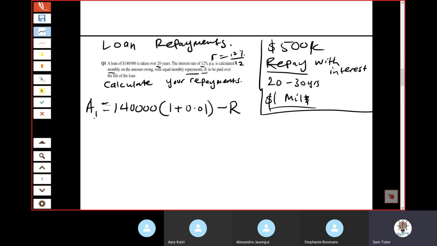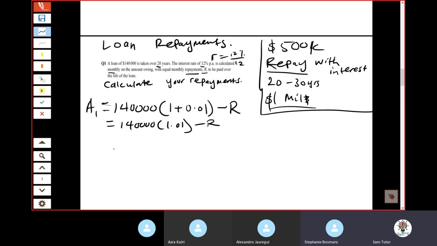The amount remaining after the first month is the amount you borrowed plus the interest they charged you, take away anything you repaid. Cool? Okay. I'm just going to rewrite that a little neater: 1.01 minus R. Steph, that makes sense as well.